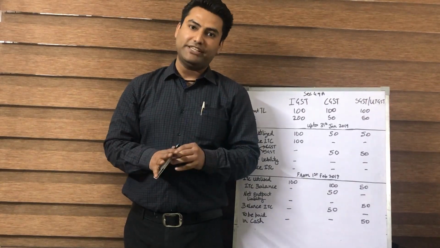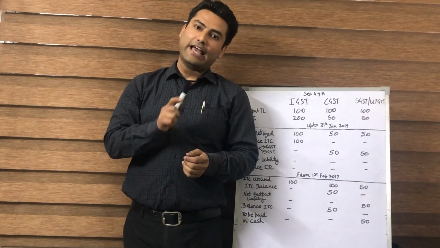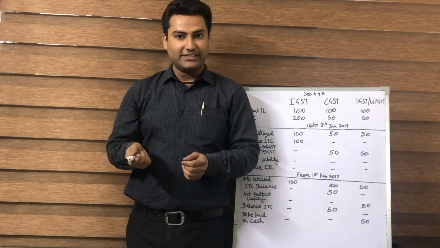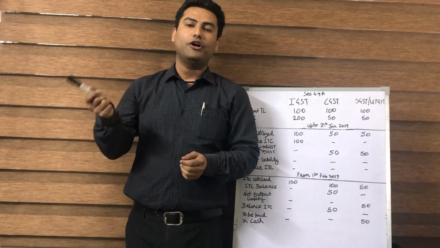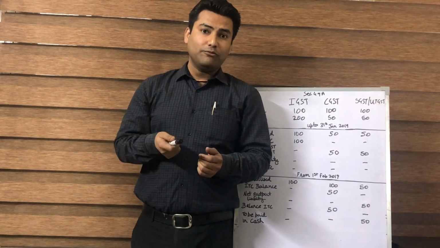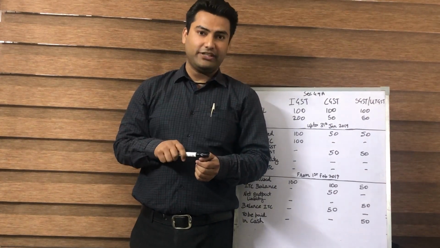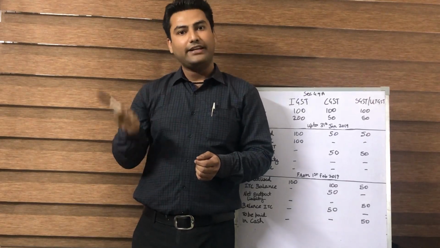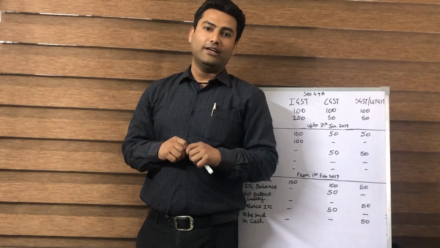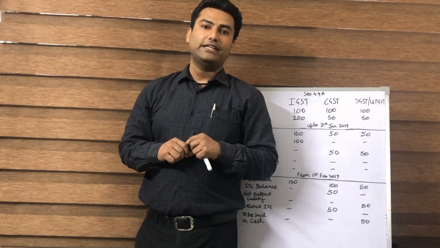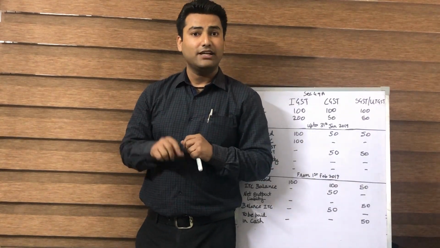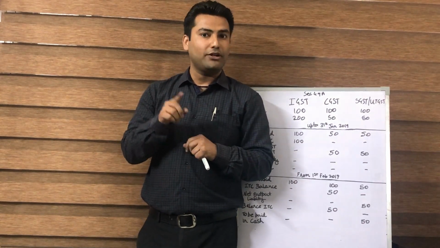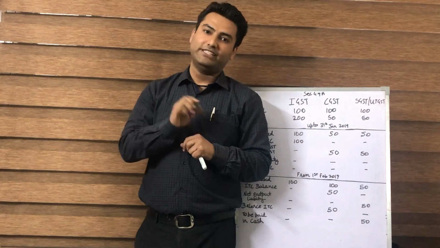The only thing mentioned is that IGST can be utilized towards the payment of IGST, then CGST and then SGST or UTGST. Another thing mentioned is that CGST credit can be utilized towards the payment of CGST and then IGST. The only other thing mentioned is that CGST credit cannot be utilized towards the payment of SGST and vice versa.